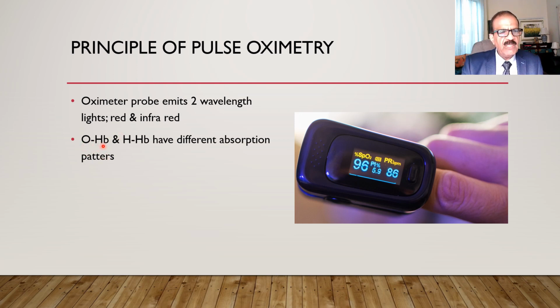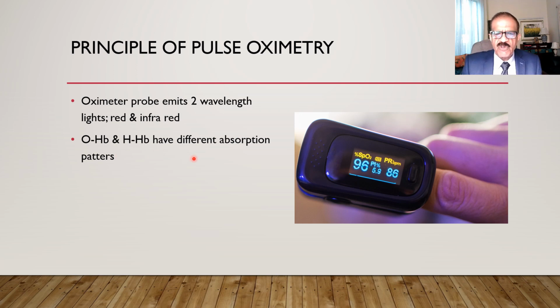Oxyhemoglobin, that means the hemoglobin which is bound with oxygen. Let's call it oxygenated hemoglobin and deoxygenated hemoglobin. They have different absorption patterns. Whenever something receives light, it absorbs certain radiation and reflects back certain radiation.